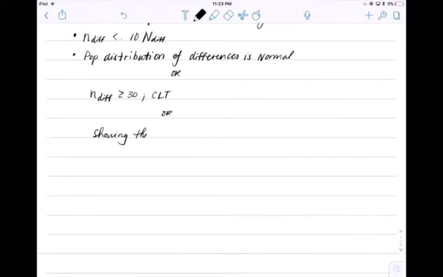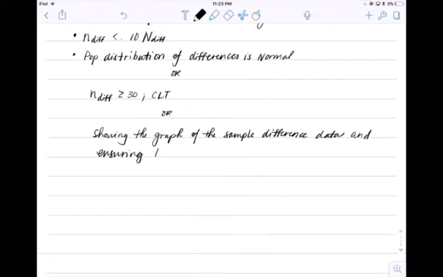Showing the graph of the sample difference data, and I'll show you what I mean in a bit, and ensuring that there is no strong skewness or outliers.